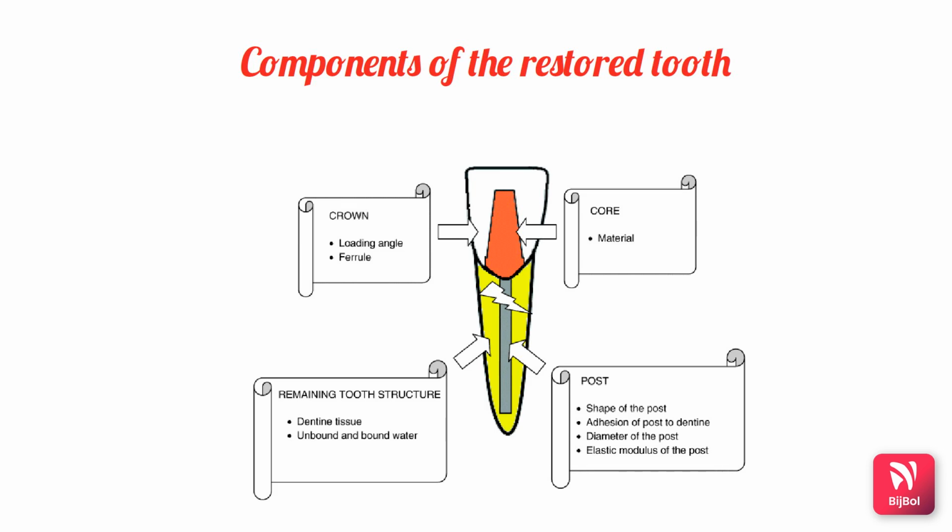Whereas for the post, the shape of the post, the adhesion of the post to the dentin, the diameter of the post and the elastic modulus of the post are taken into consideration. Whereas for the core, the material has to be checked. Whereas for the crown, the loading angle and the ferrule are checked for further processing.